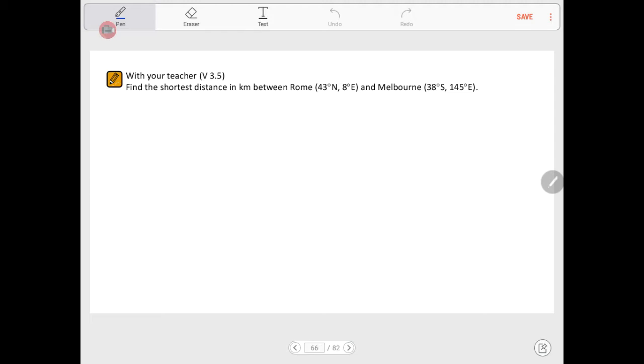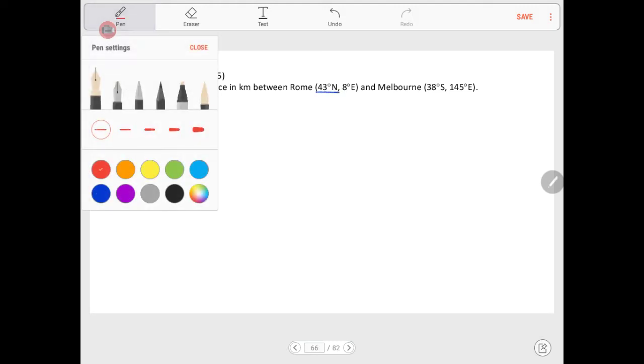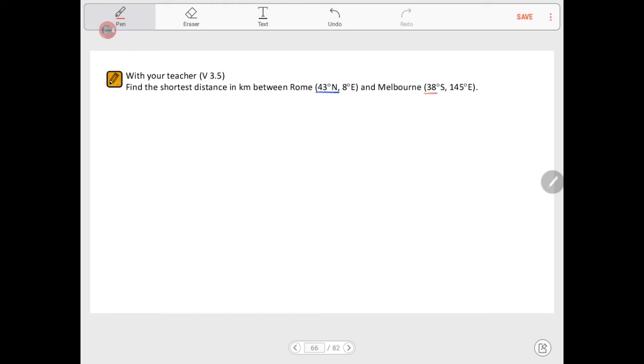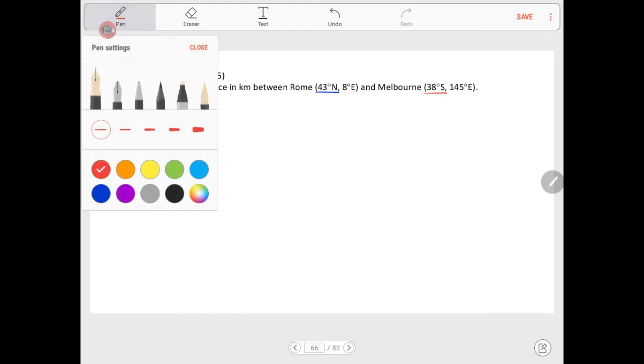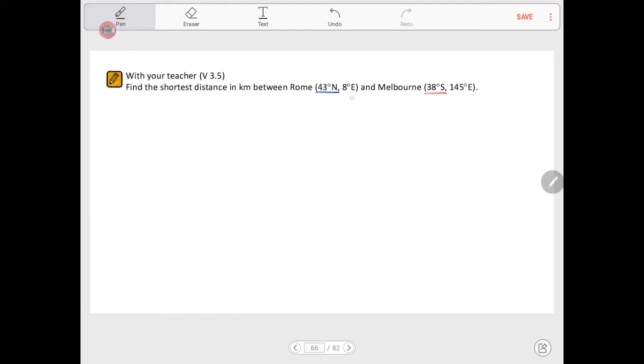So let's have a look at this one. We're going from Rome to Melbourne. We want to find the distance in kilometres. So we're going to use the latitudes, and I'll colour code this to hopefully make it a bit easier to see. And we've got a longitude as well for each place, which we're going to use to find theta, our longitudinal difference. So let's do that first.